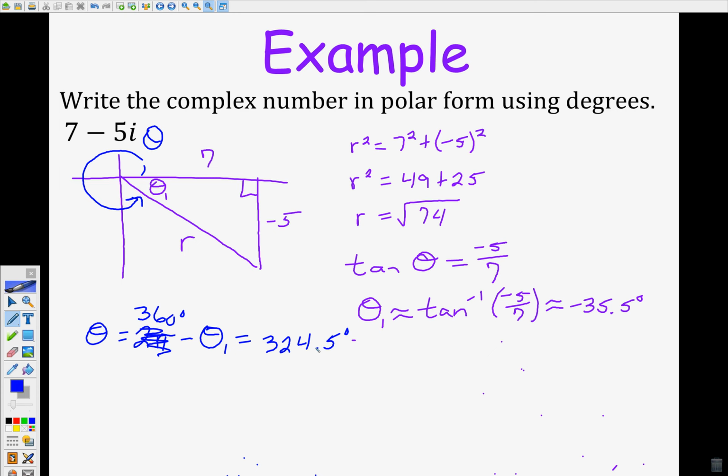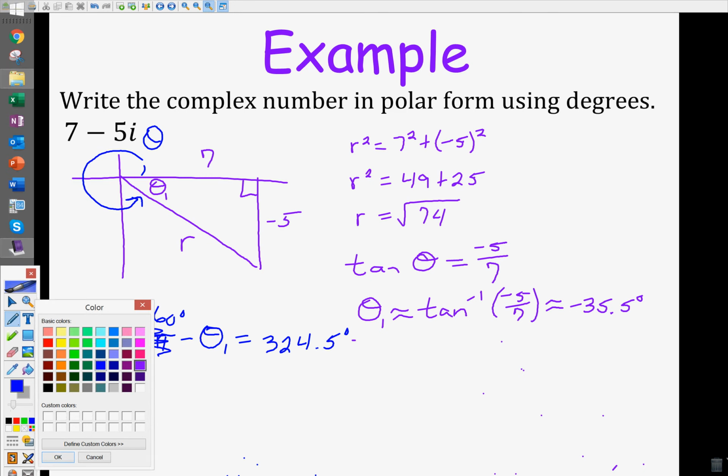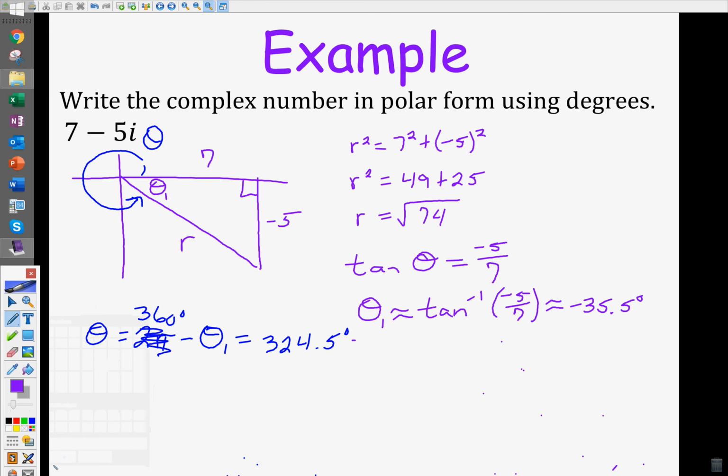So we can call this one, wow, I'm going to have to sync this pen because it is not wanting me to. There we go. Let's see. Sorry. Now that I got my pen back, I can name this two different ways.